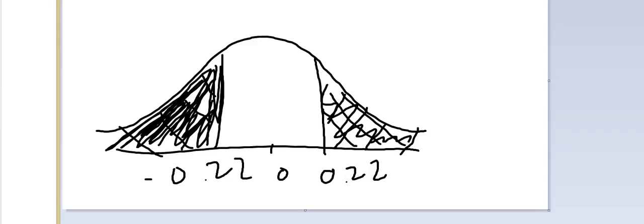Now we're going to use the calculator's TCDF function to find that p-value. Because we have a two-tailed test, we're going to do both the negative and positive areas. So the area above 0.22 and the area below negative 0.22. To do that, you would use TCDF, and then your lower bound, if I were finding the upper tail, would be 0.22 up to positive infinity, so 999.